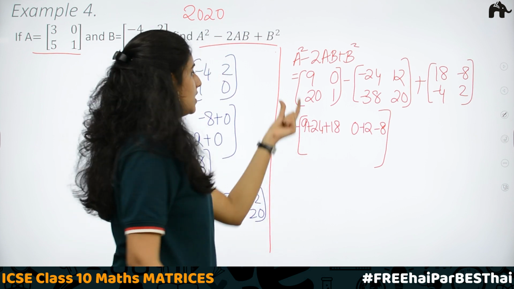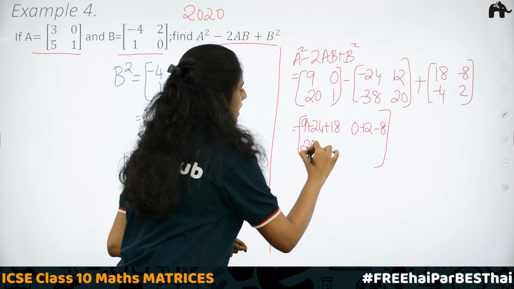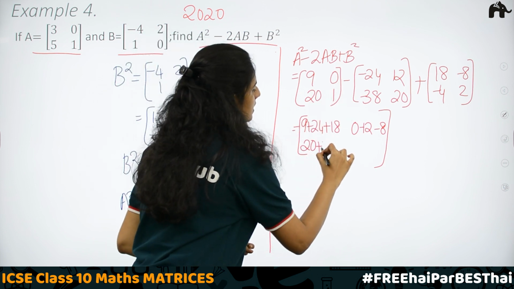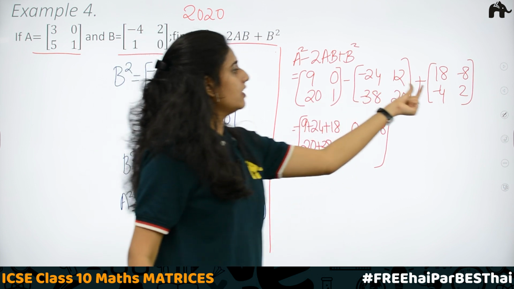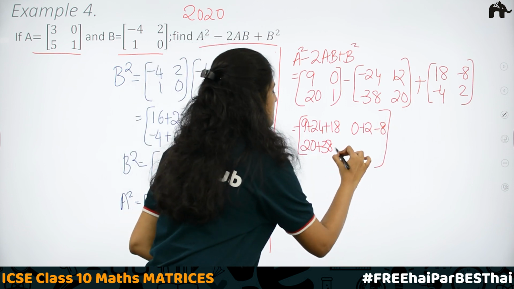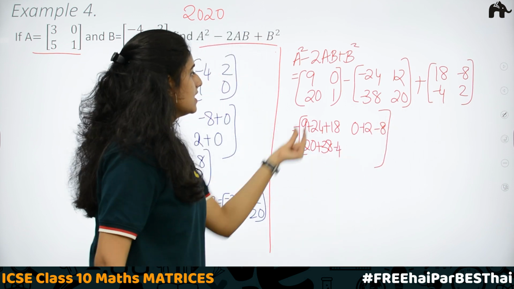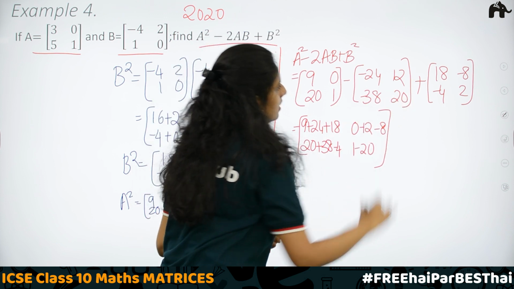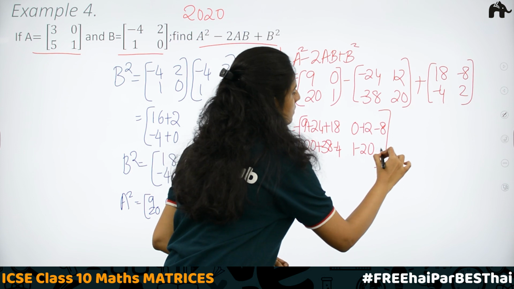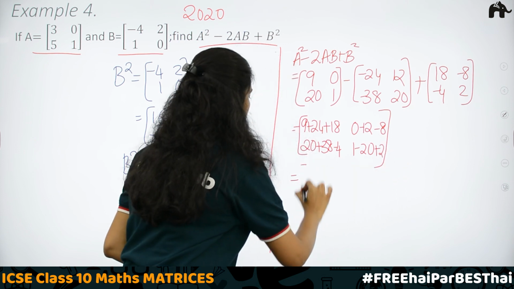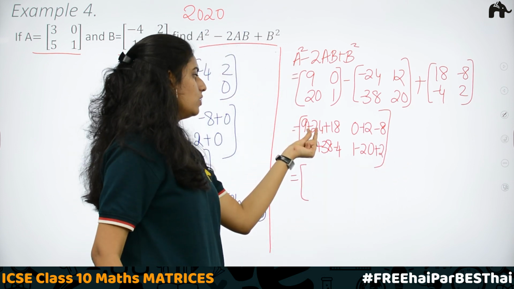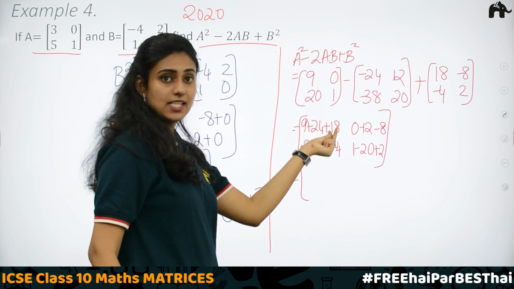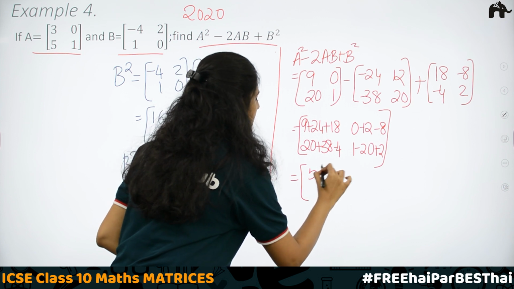To get the next element, we have 20 from the first A square matrix. Then minus of minus becomes plus 38. Here we have minus 4. Plus minus 4 is minus 4. Next element 1 minus 20. Then plus 2. That is equal to 9 plus 24. What is 9 plus 24? We get 33. 33 plus 18, which is 51.